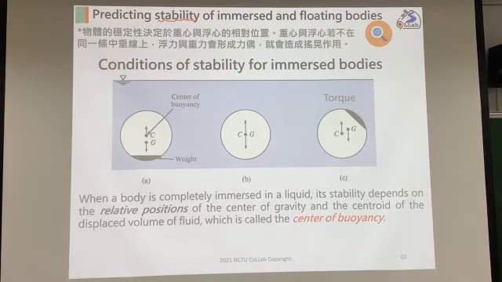Because for these questions, the force direction is upward, because this force is the buoyancy force. And another force is downward, because this force is from the weight.